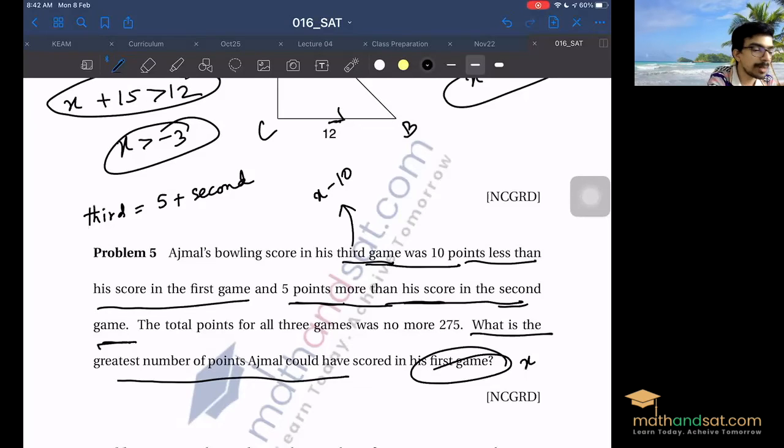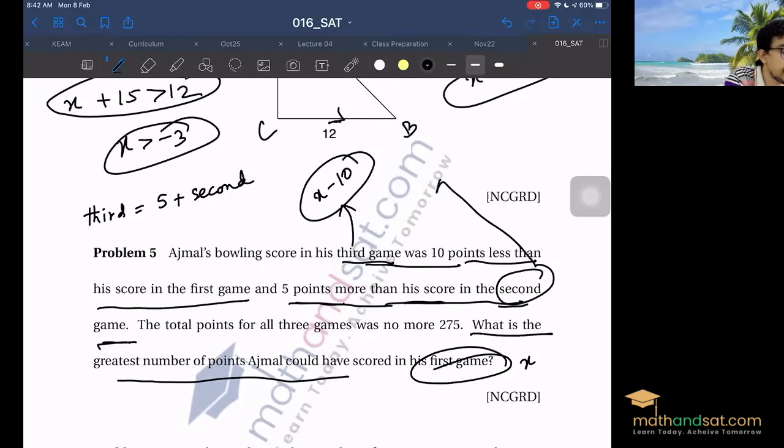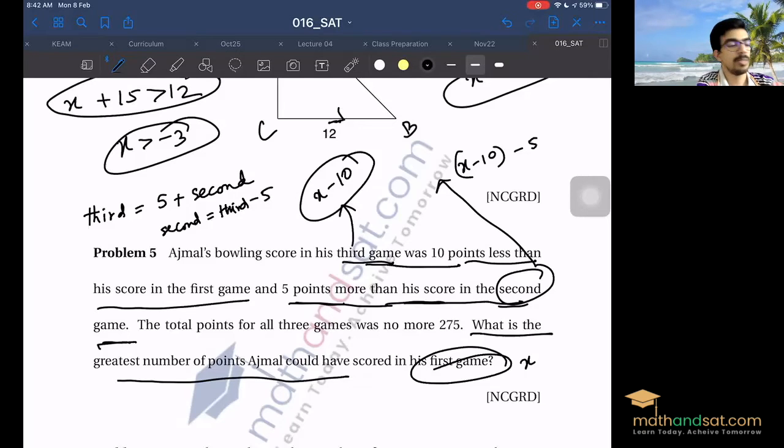So in the third game, he has x minus 10. So in the second game, it will be x minus 10 minus 5. Why does it make sense? Because the second game is nothing but third minus 5. Now we have all the quantities.